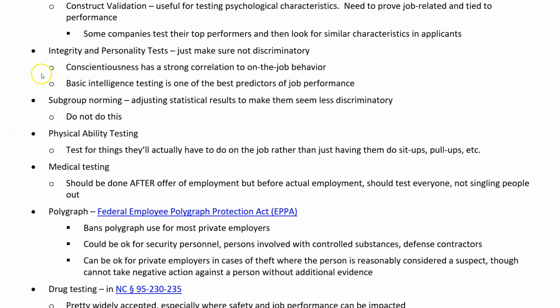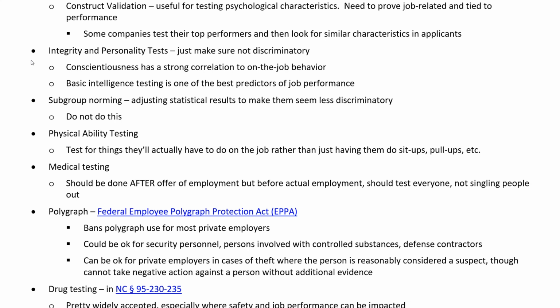Sometimes companies will have people do integrity or personality tests just to see what kind of people we're hiring. We just need to make sure, again, that they're not discriminatory. So testing for things like conscientiousness, which we can demonstrate has a strong correlation to on-the-job behavior, makes sense.